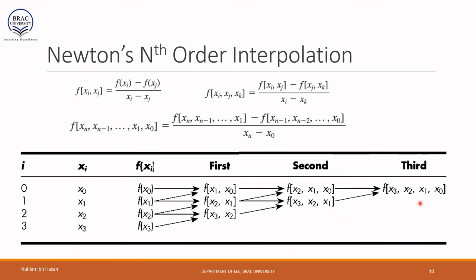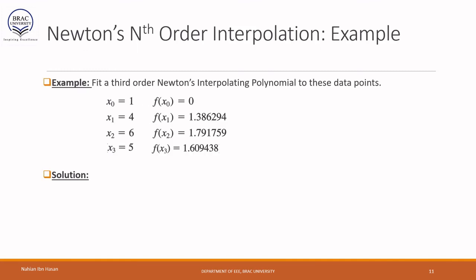Once you determine these function values, you can easily get the coefficients that you have seen in the previous slide. So let's look at an example here. We can easily implement an nth order interpolating polynomial into the data points.